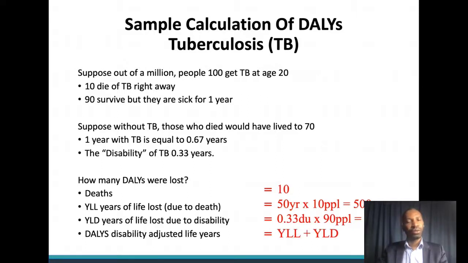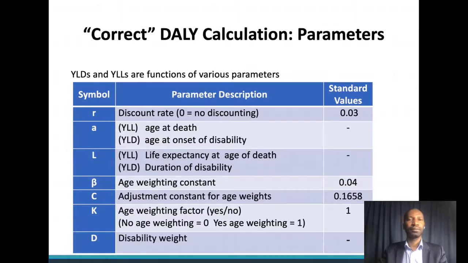Putting these together, we get the DALYs, or disability adjusted life years, as the YLL plus the YLD, being 500 plus 30, which is equal to 530. So this was a rough way of calculating DALYs.